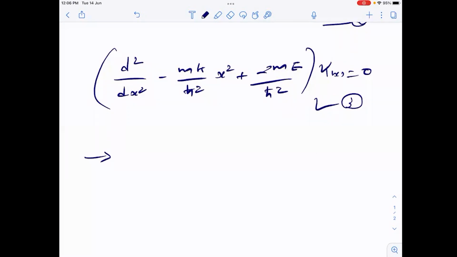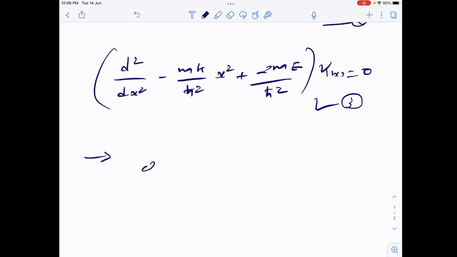Now, what we will do is that here we need to make a variable change, right? To make the equation quantity have a dimensionless aspect. So what we will do is assume that mk upon h cut square be alpha.